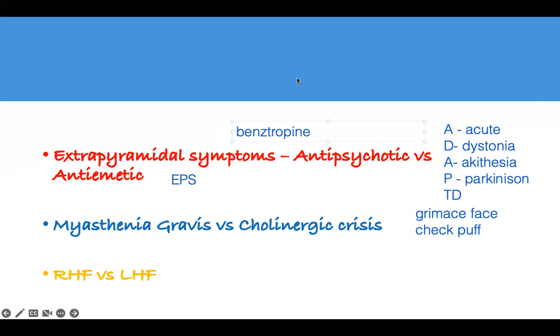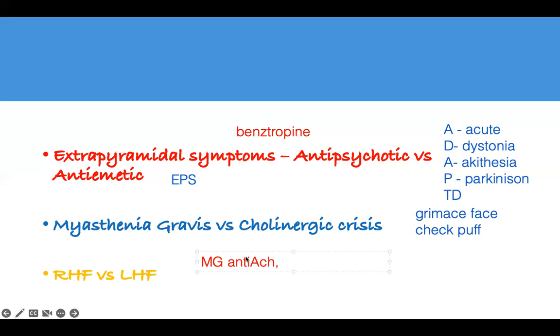And then the next one is myasthenia gravis. So MG, which one do you want to think about? The reason why I put this together is when you treat myasthenia gravis, they can go into cholinergic crisis. And when you study, know that they can ask you about cholinergic crisis and they can put it in the select or apply. In myasthenia gravis, the patient has antibodies to acetylcholine receptors.